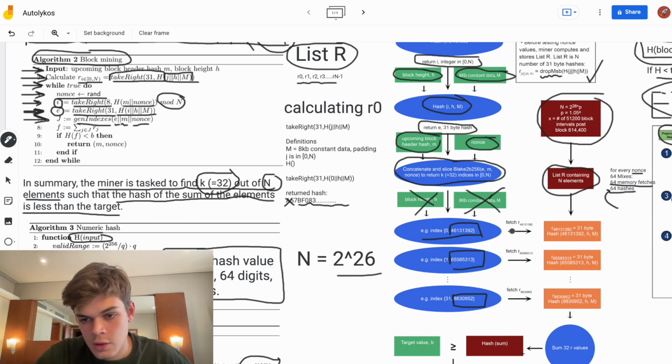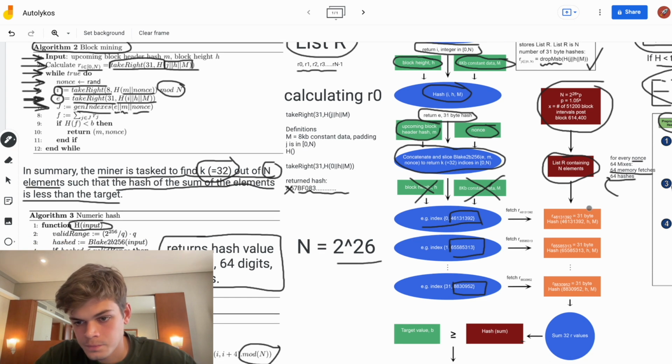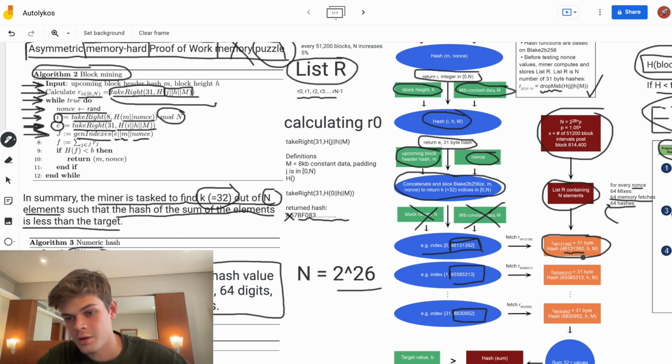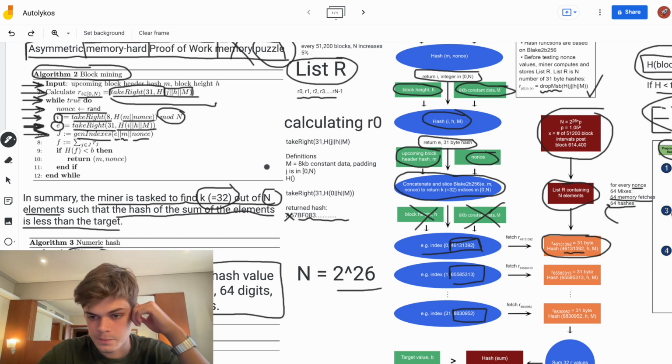So you fetch, in this case, R46131,392. And remember, as we previously discussed, when you're calculating R here, it's a 31 byte hash, and that is equal to this value, because we're grabbing the value that the index is representing, which is 46131,392, and that was obviously created with the block height and the M value padding.